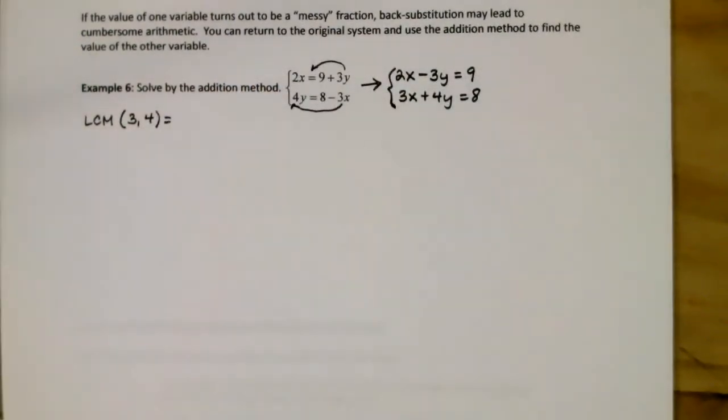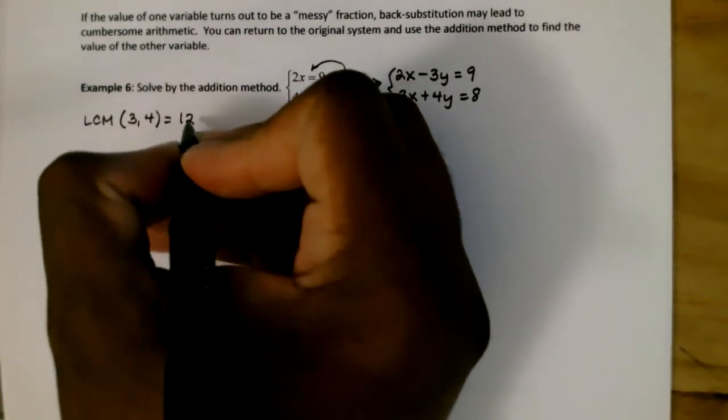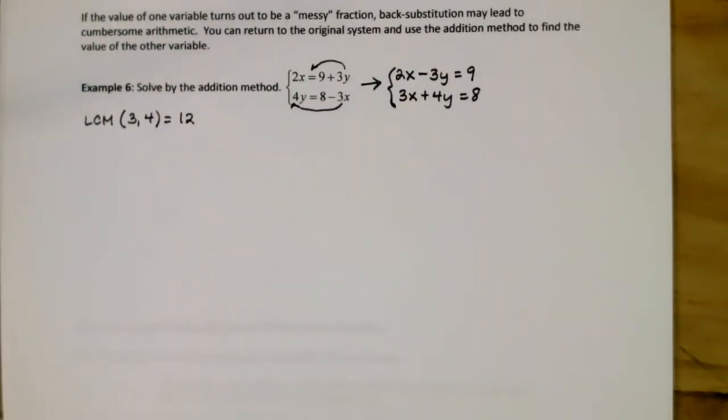That will be the smallest number that is divisible by 4 and by 3. And in this case, it is 12. Now, if you didn't know that, you can list all the multiples of 3 and all the multiples of 4. You'll see that 12 is the smallest multiple that can be used here.